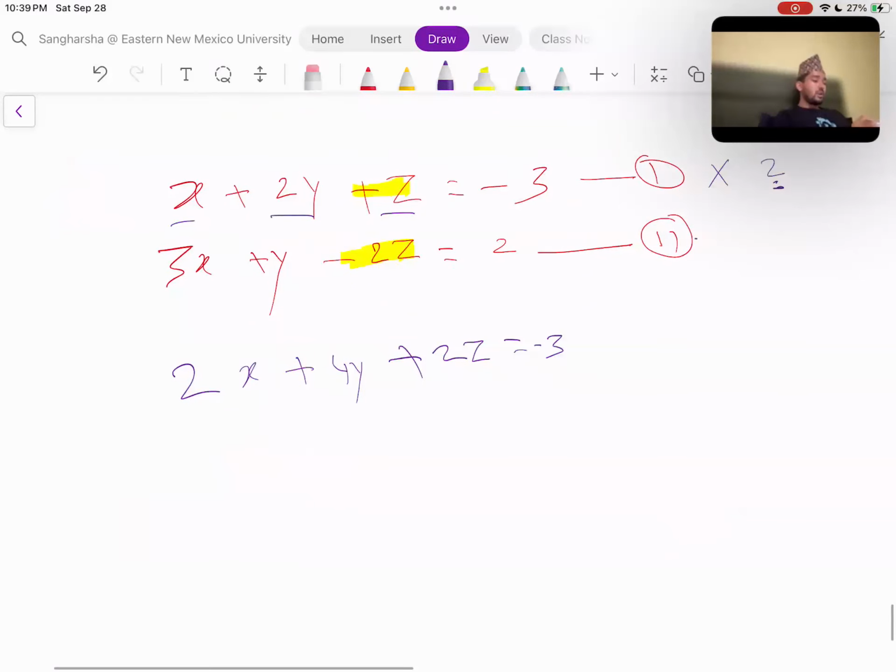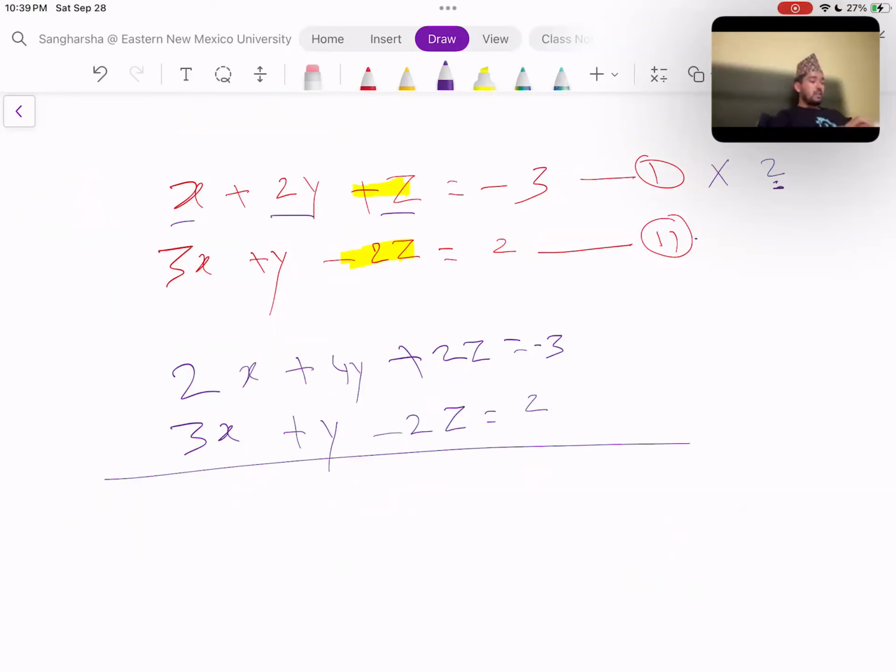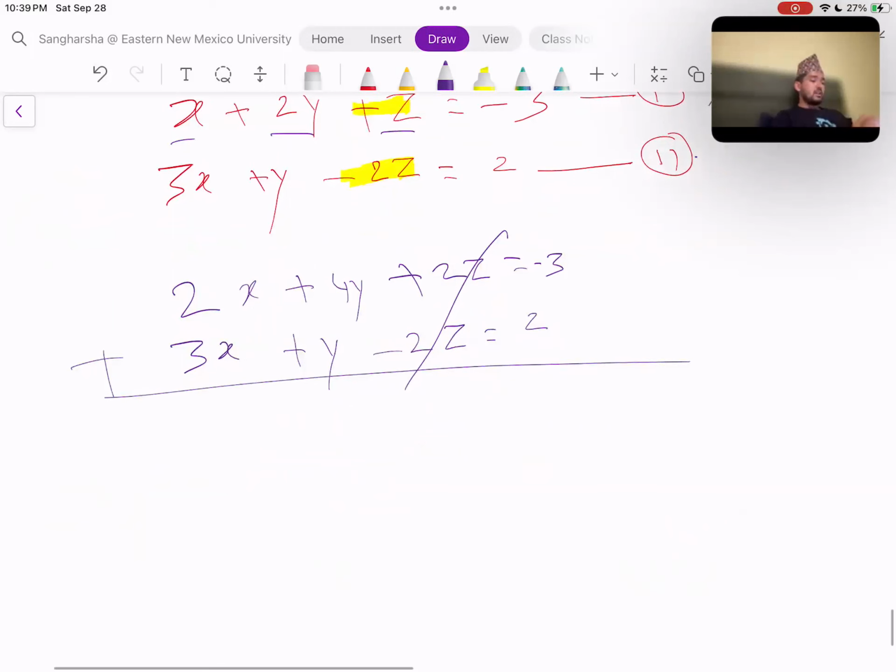And equation 2 as it is, 3x plus y minus 2z equals 2. Now you are adding, z is gone. 2x plus 3x, 5x. 4y plus y, 5y. Equals negative 3 plus 2, negative 1. Let me call this my equation 5.